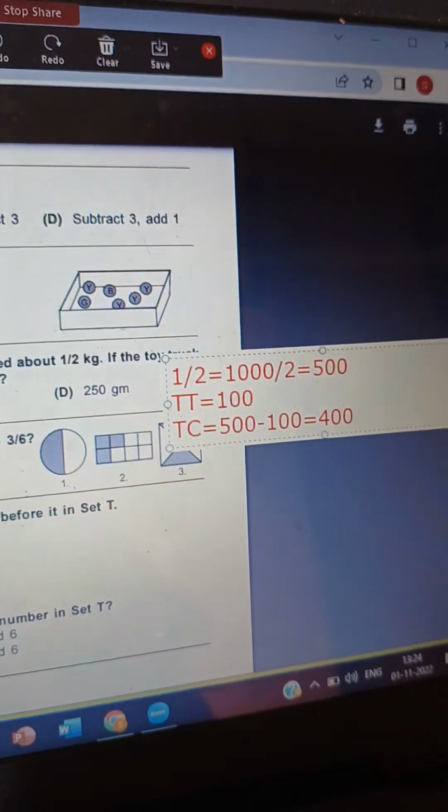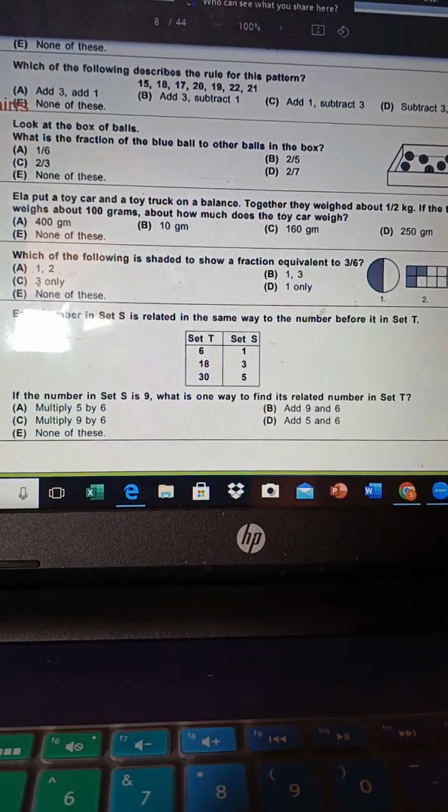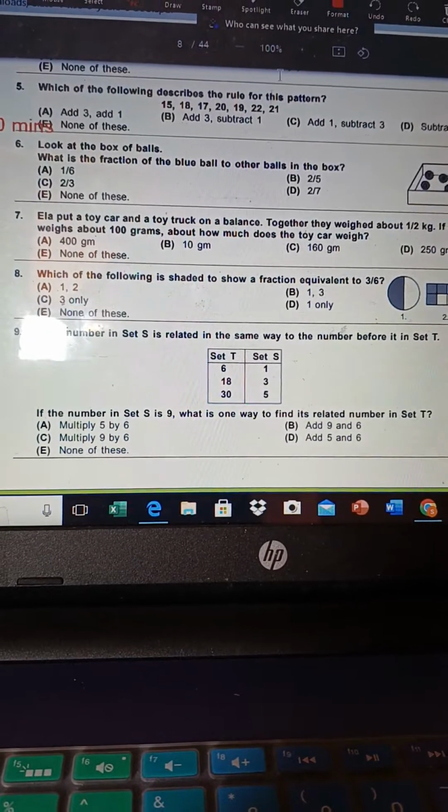So this is the correct answer. 400 gram is the correct answer. Then we can move to the next sum.